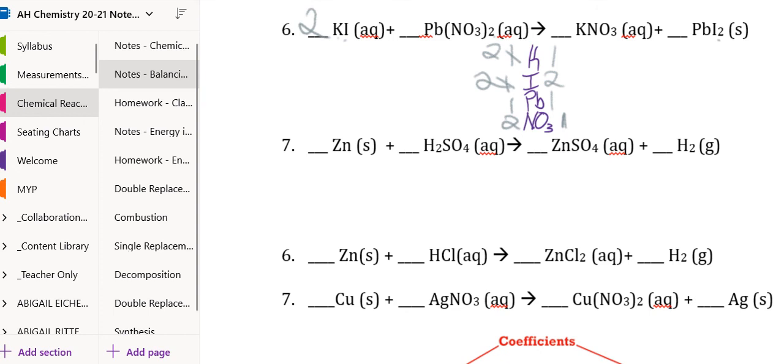There's 2 of each of those in the reactants and 1 in the products. Put a 2 right here in front of the KNO3. So how many potassiums does that make in the products? 2. And how many NO3s in the products now? 2. Now are all the atoms balanced? Yes. So in the blanks, what do we have? 1 and 1.